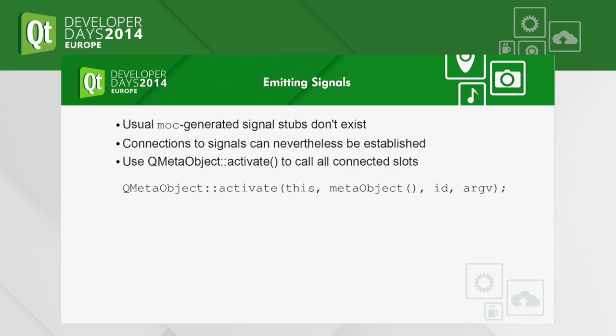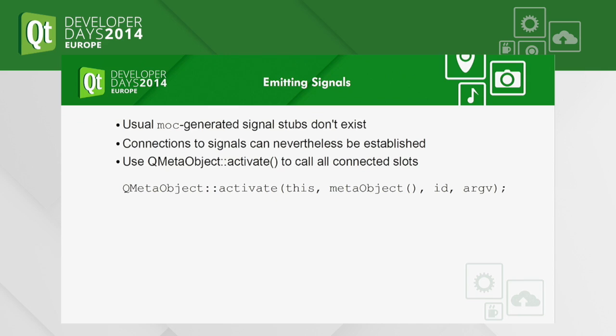And that's exactly what moc would generate for you in the function stubs for the signals. So if you get a QMetaObject::InvokeMetaMethod call for a signal, your typical implementation would just pass on the stuff you get to activate, so it actually emits the signal. This way you enable signal-to-signal connections to work.